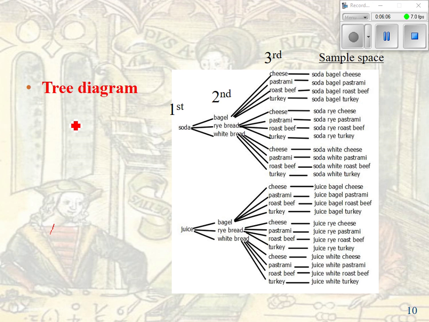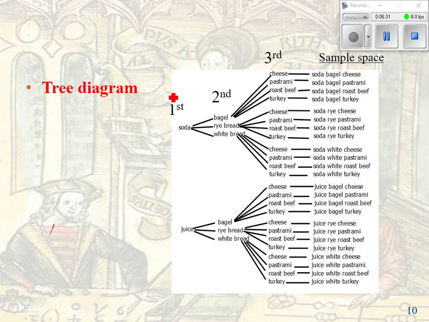All right, this is what a tree diagram looks like. Just write tree diagram. Don't draw all of this, but give yourself an idea of what a tree diagram looks like. This tree diagram looks like it's for maybe a little deli shop. They have two choices for drinks.